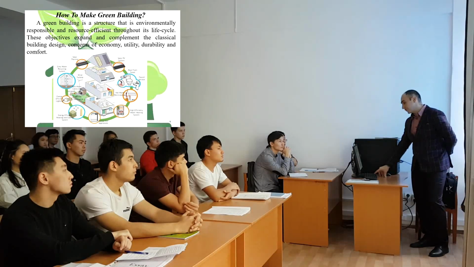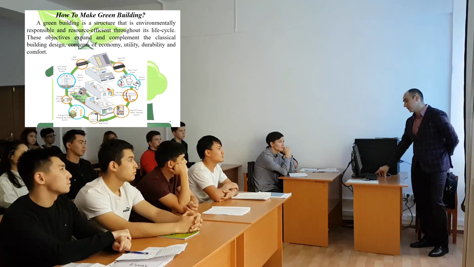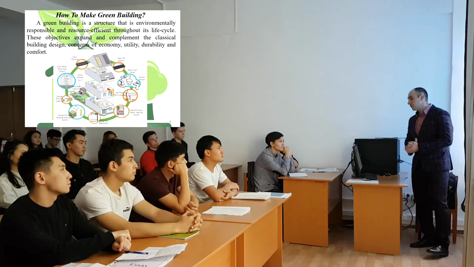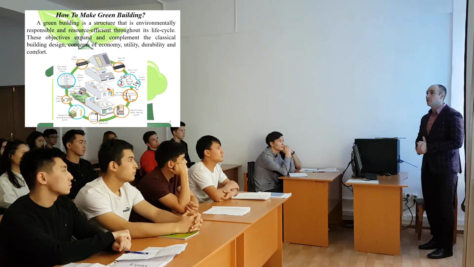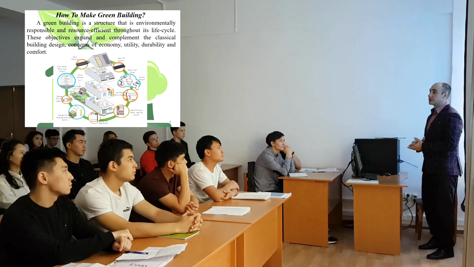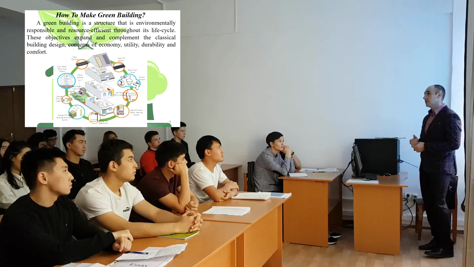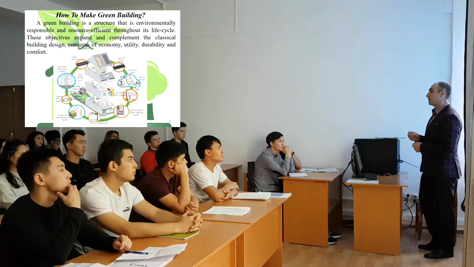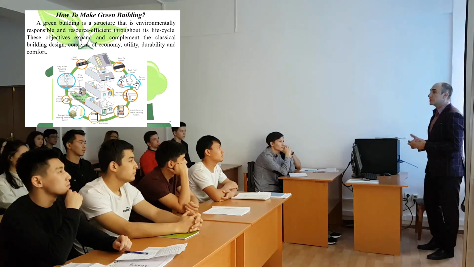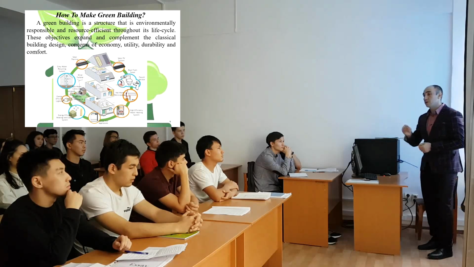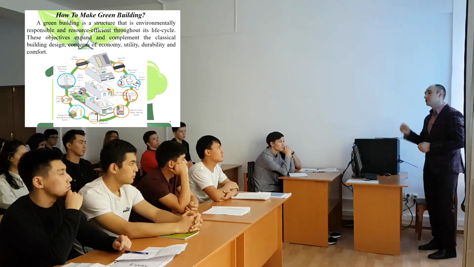And the main question, how we can design green buildings. Actually, during design, you need special knowledge of designing green buildings, because without that knowledge, it will be difficult to create such sustainable buildings. So how can you gather that information, where can you take that knowledge? Of course, first of all, from your own experience, your own research work.